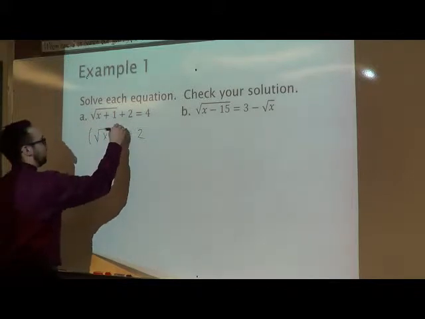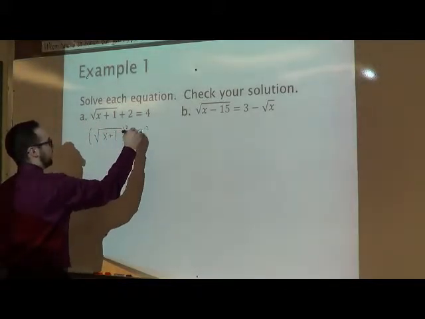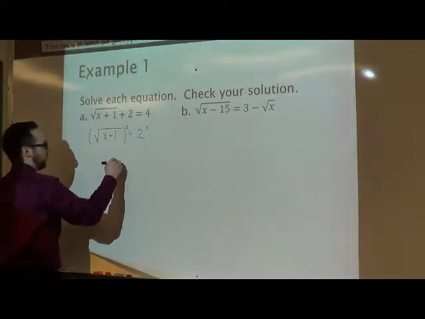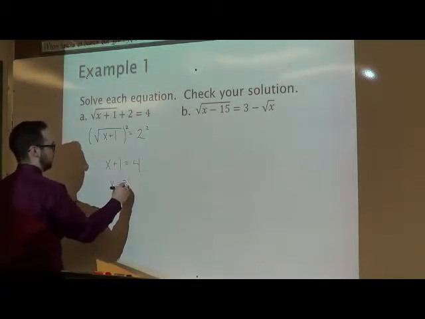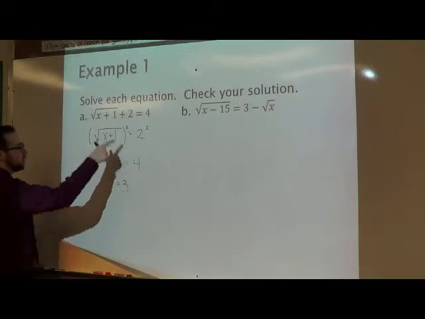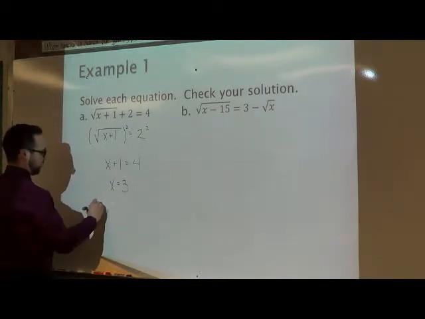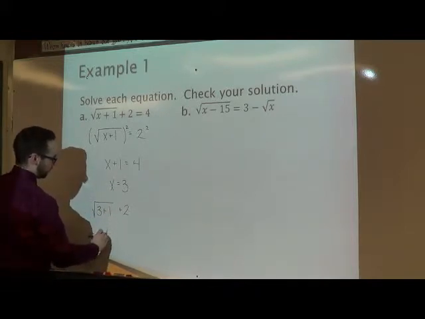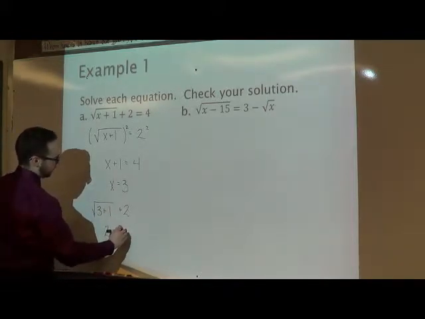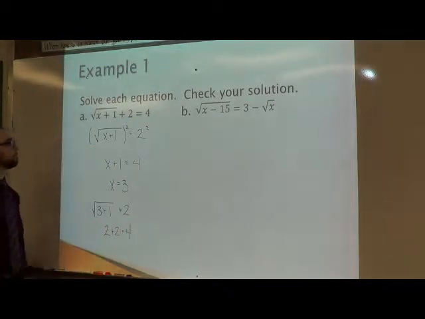So I end up with just x plus 1 is equal to 4, x is equal to 3. If I go back and check that, the square root of 3 plus 1 plus 2 is the square root of 4, which is 2, plus 2, which does indeed equal 4.